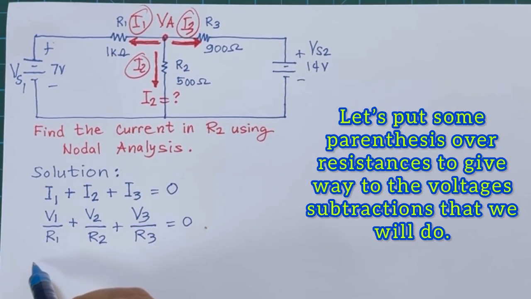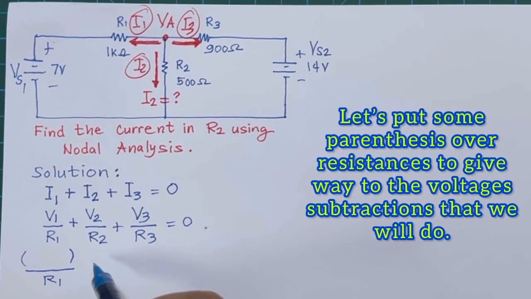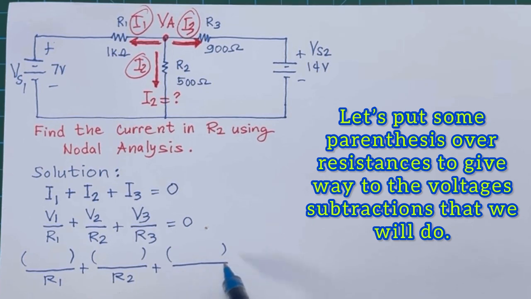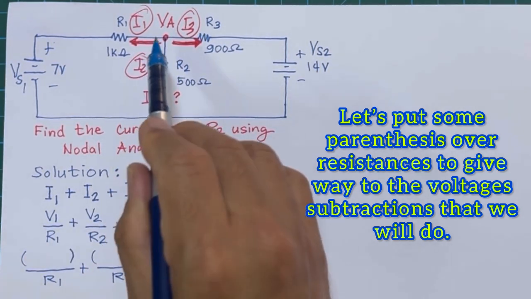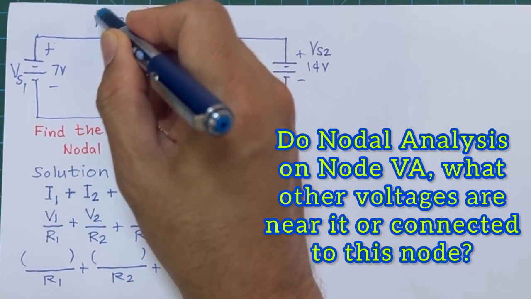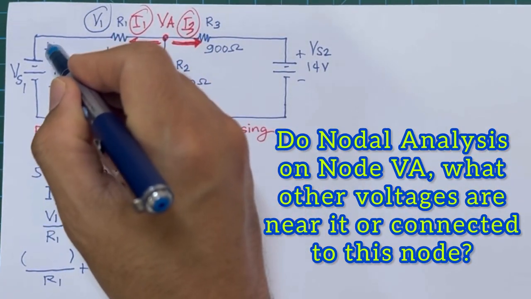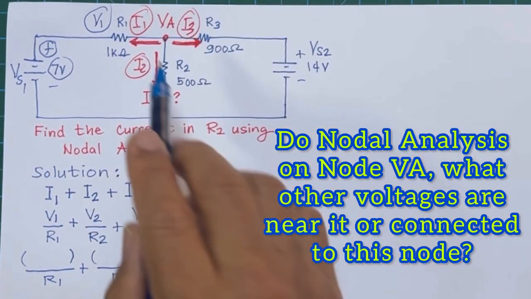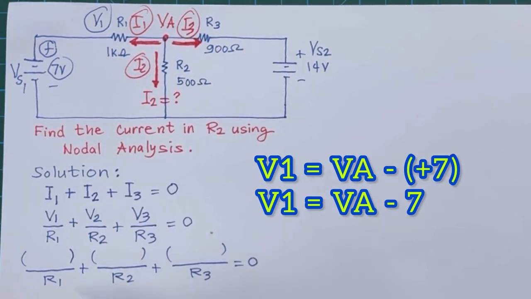And then for V1 we will use node analysis where we just follow the current, and from the figure you will see that I1 is actually pointing to the left, therefore V1 will be VA minus the positive 7, and that would be VA minus 7.